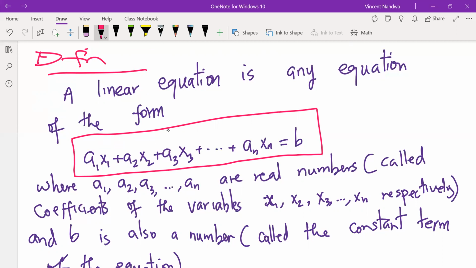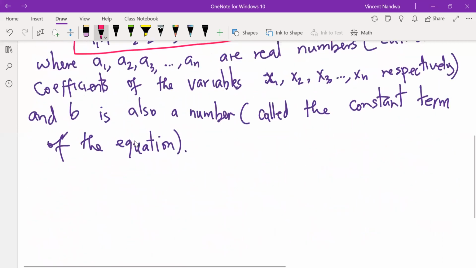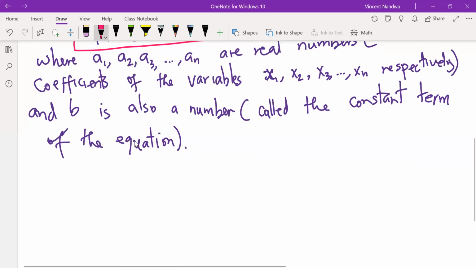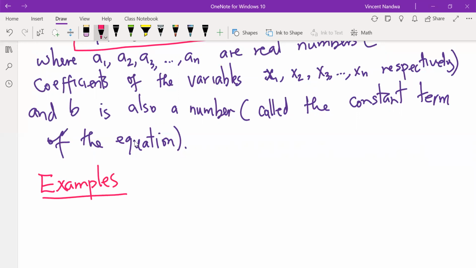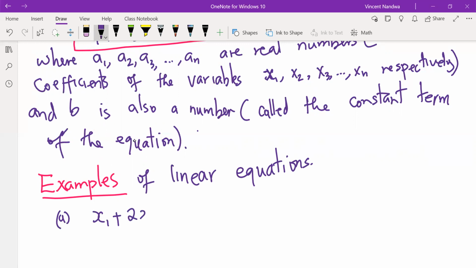So we can give examples of linear equations. We can have x1 plus 2x2 equals 6.